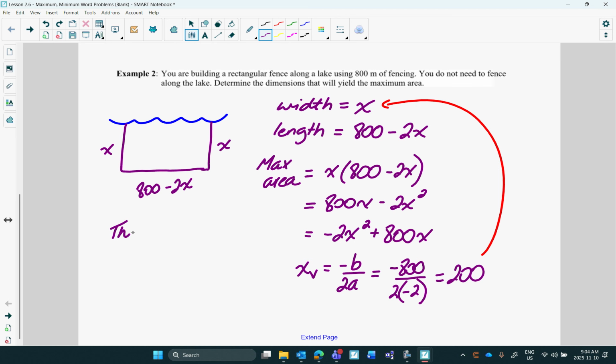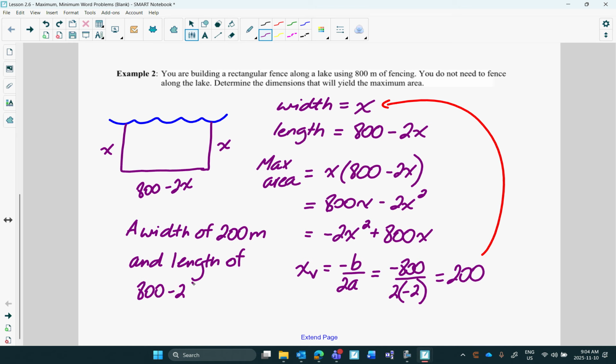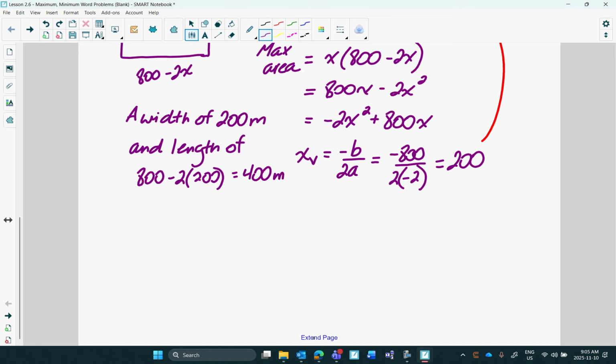So the width, because we're asked to find the dimensions, or actually I should say a width of 200 meters and length of 800 minus 2 times 200, which gives me 400 meters, will give the maximum area.